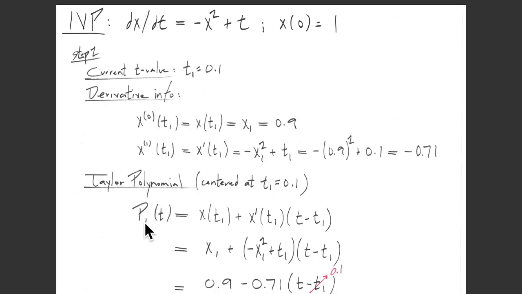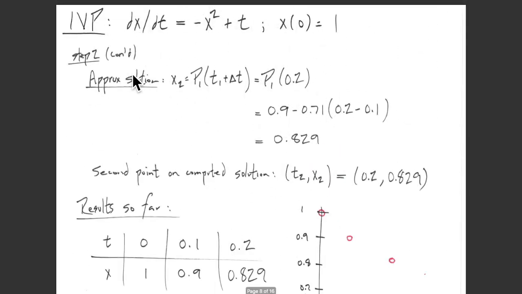So I'm going to plug in t equal 0.2 to this thing. And that's what you see happening here. X2 is our polynomial evaluated at the next t value, which is 0.2. So I'll plug that in here, and you just do the arithmetic, and you get 0.829. So our second computed solution point is t2, x2 is 0.829.